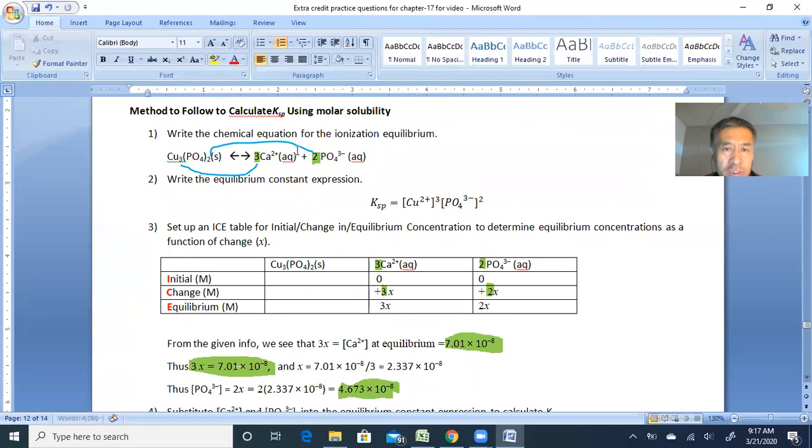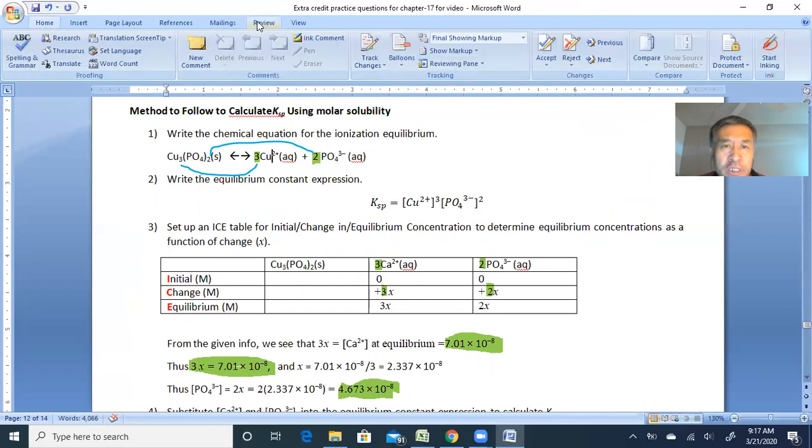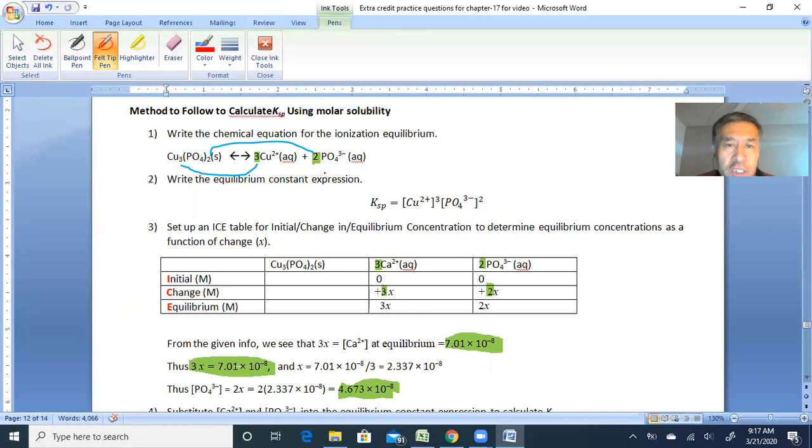Sorry, that should be Cu, not Ca. And then we also produce the phosphate. The phosphate is PO4 3-. How many phosphate are produced? From the subscript of the phosphate, which is 2, so therefore the coefficient is 2.